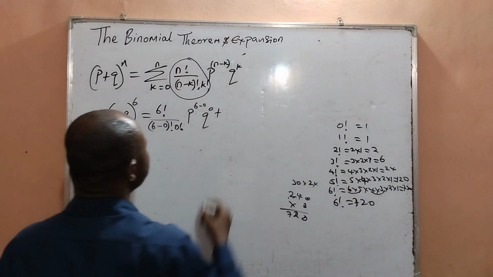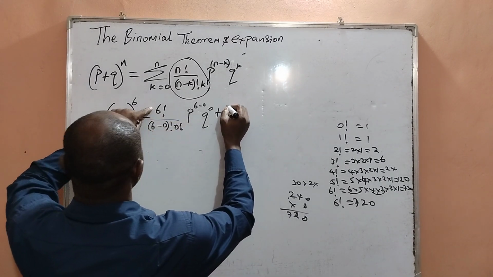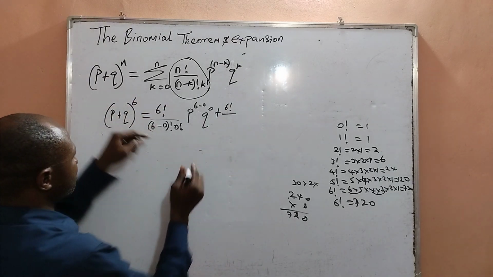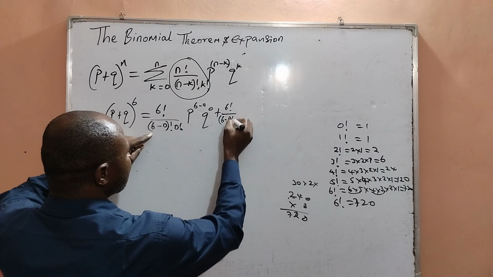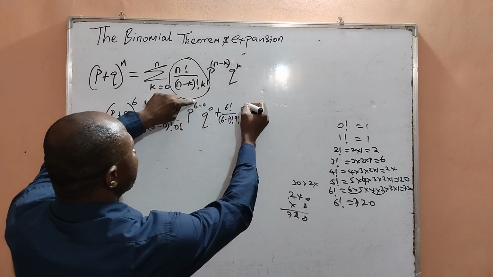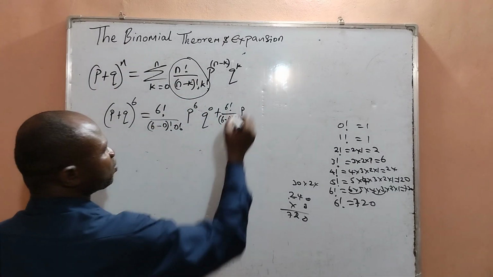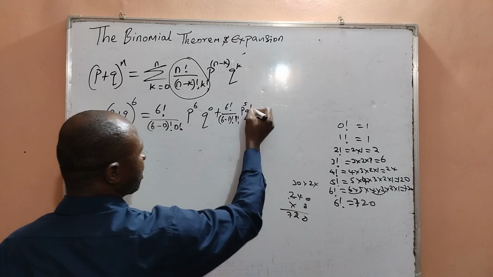Alright, so moving forward, next we have 6 factorial all over, I want to reduce the space, 6 minus 1 factorial, 1 factorial, then p raised to the power 6 minus 1. So let me just remove this. 6 minus 1 now is 5, then q raised to the power 1.